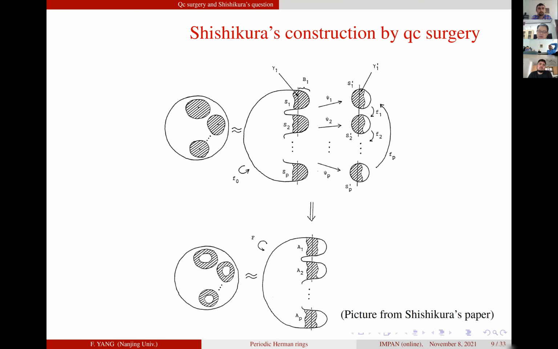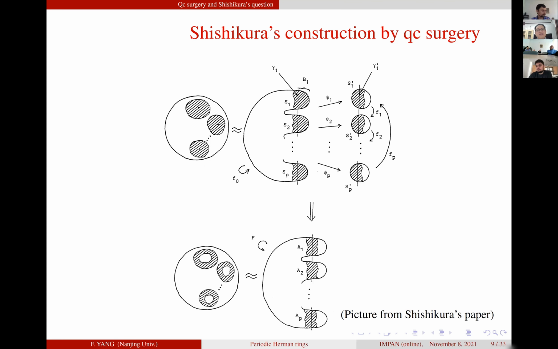For Arnold and Herman's construction, we know the formulas can be written as a Blaschke product, and one can find the formulas and the parameters. But from Shishikura's quasi-conformal surgery, we have a lot of Herman rings, but we don't know what their formulas are.